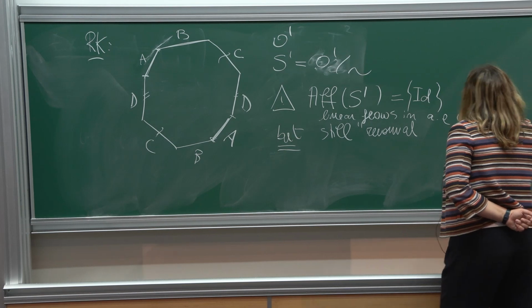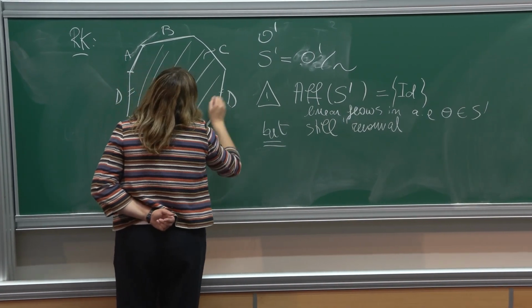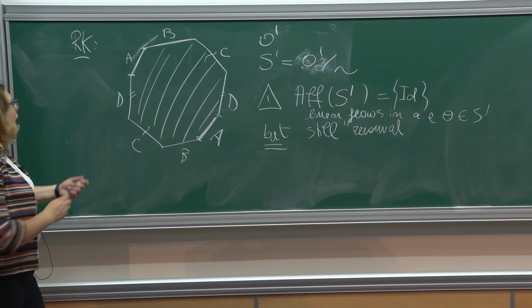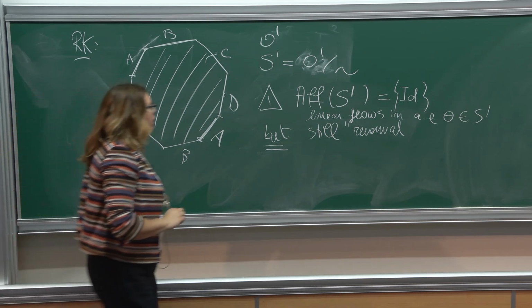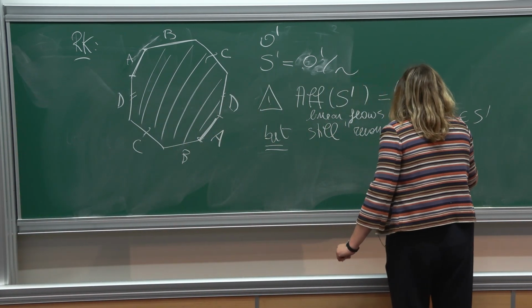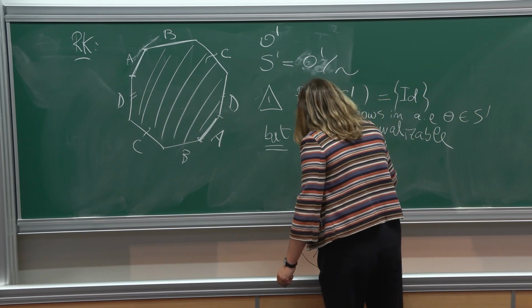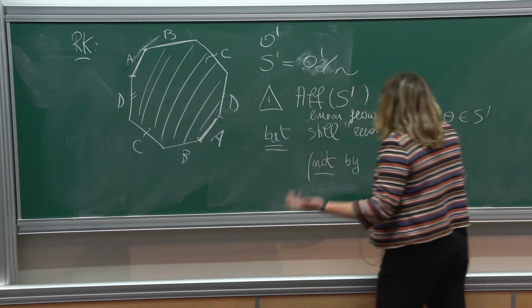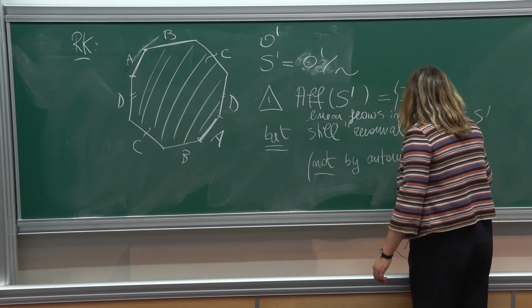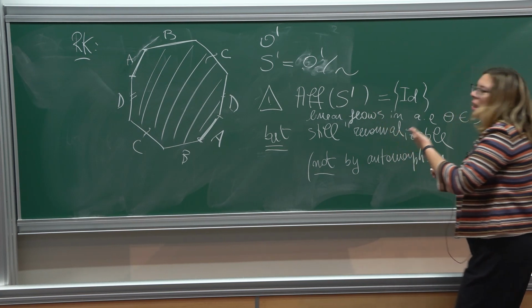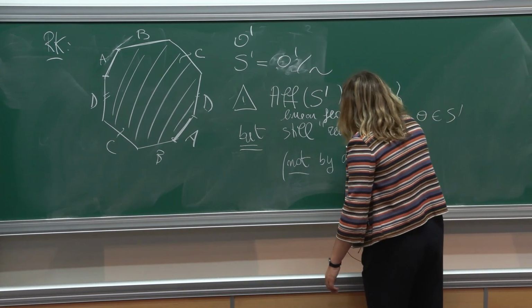For almost every direction, if I look at the linear flow, I can still renormalize it, but not by an automorphism, because I don't have affine automorphisms.